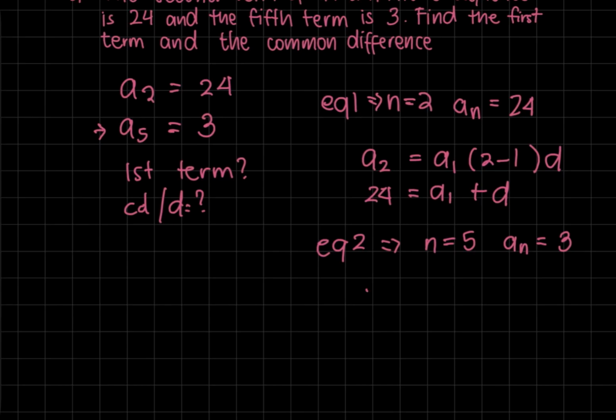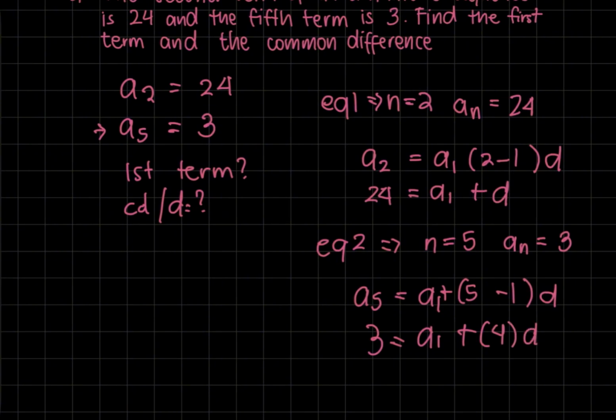We have A sub 5 equals A sub 1 plus 5 minus 1 times D. So our A sub 5 is 3, and then we don't have our A sub 1 yet, plus 5 minus 1 is 4, so we have 4D. And this is now our equation 2.